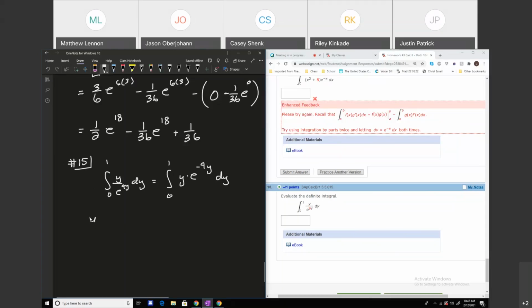So we would let u be y and dv be e to the minus 9y. So du is dy, and v is negative 1/9 e to the negative 9y.